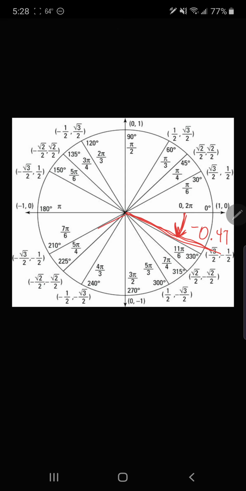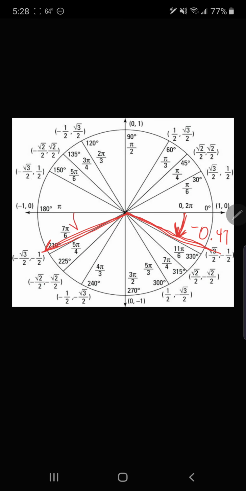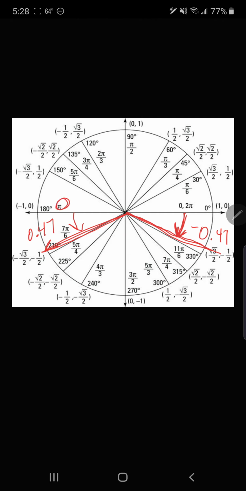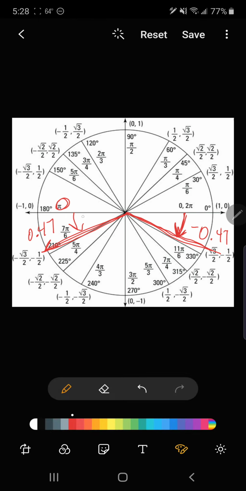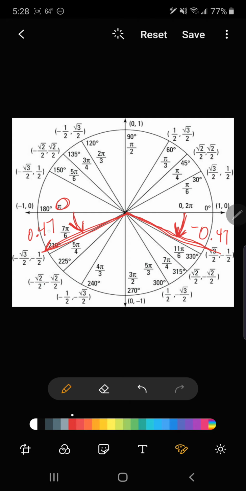So what that means is that this angle is 0.47 radians away from 0 degrees. So there's going to be an equivalent angle in the third quadrant that's 0.47 radians past pi. So one of my answers is going to be pi plus 0.47. And the other angle, let's draw these out.